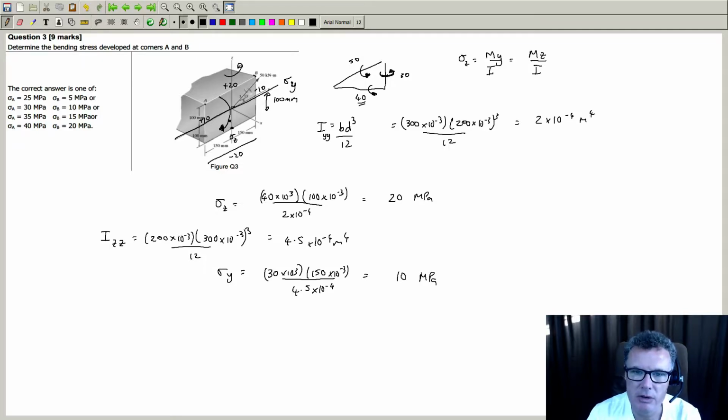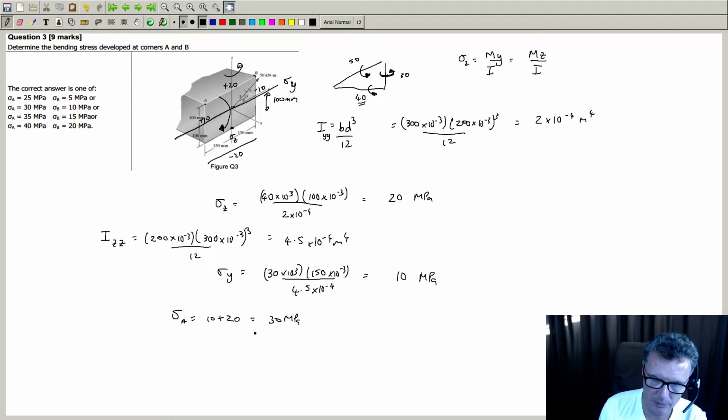So now I need to look at my corners to work out how I'm going to combine my stresses. So at A, I'm going to have 10 and 20 added together. So stress A will be 10 plus 20, so that equals 30 megapascals. What about stress at point B?